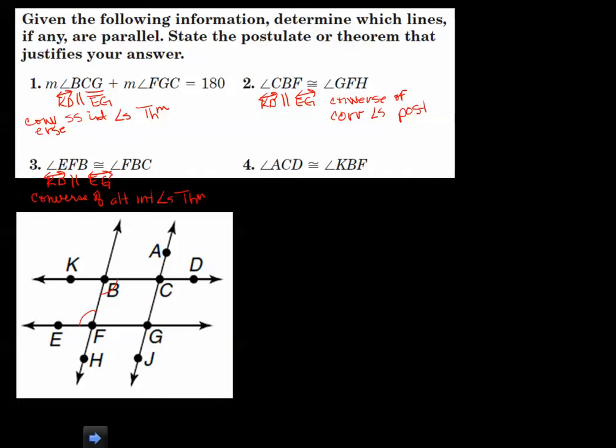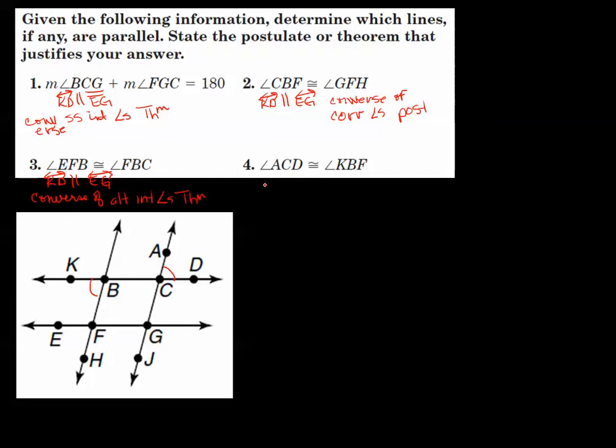Okay, and then last but not least, let's look at number 4, which says ACD right here is congruent with KBF. Oh, we got a different set of lines here.